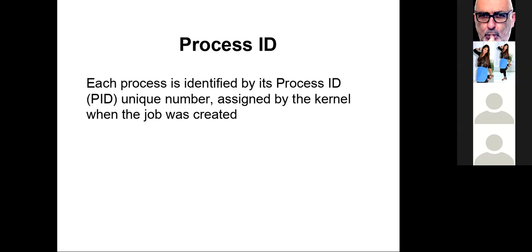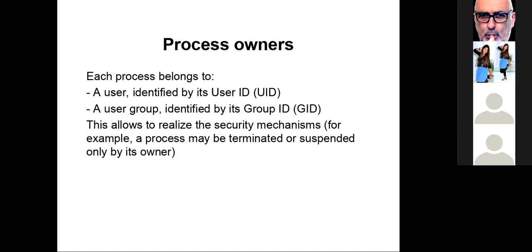The process ID. Each process is identified by a number. It's very simple. Just a unique integer number, a natural number, starting from 1: 1, 2, 3, 4, and so forth. The number is unique. And for security and safety reasons, processes have owners.